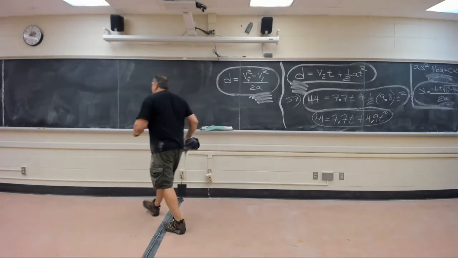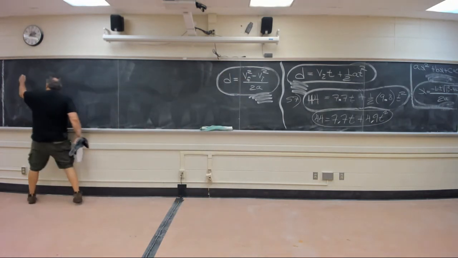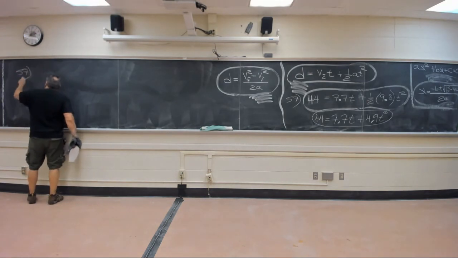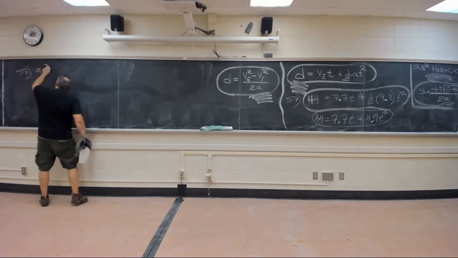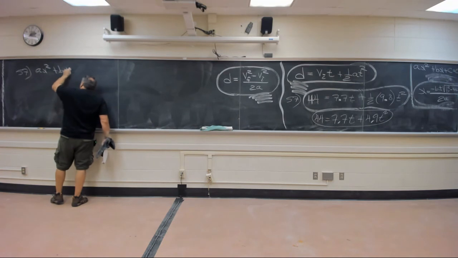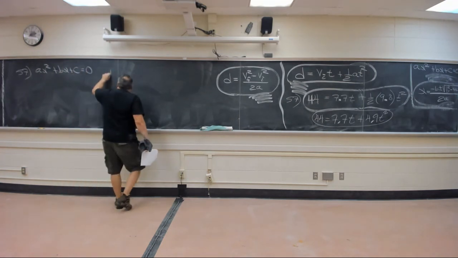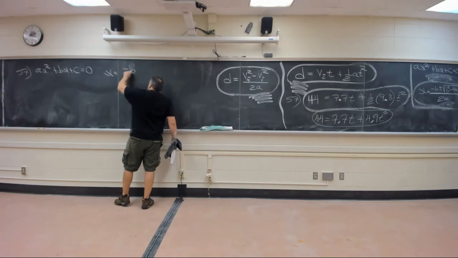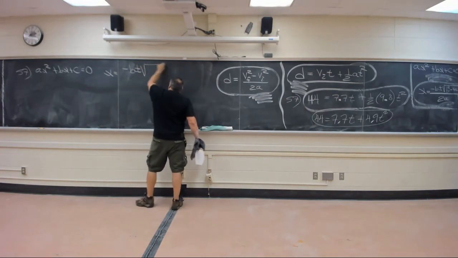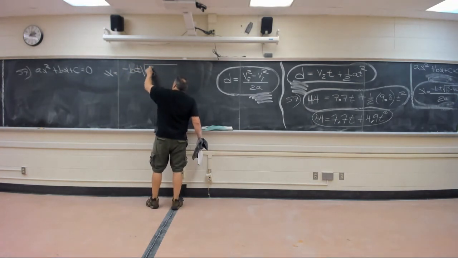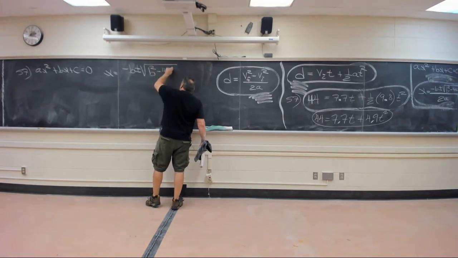So let's see what we got. We already said if you got ax squared plus bx plus c equals 0, x is going to equal the opposite of b plus or minus. There are two solutions here. Doesn't mean both solutions are good.